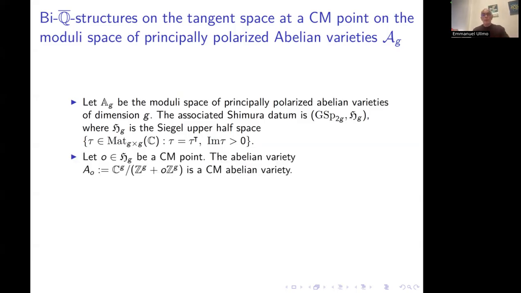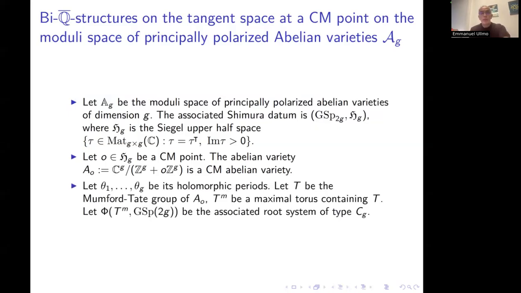So in this situation, a CM point corresponds to a CM abelian variety, as in the previous part. And we saw that to a CM abelian variety you could associate some holomorphic periods and a Mumford group, and you're in the same situation.